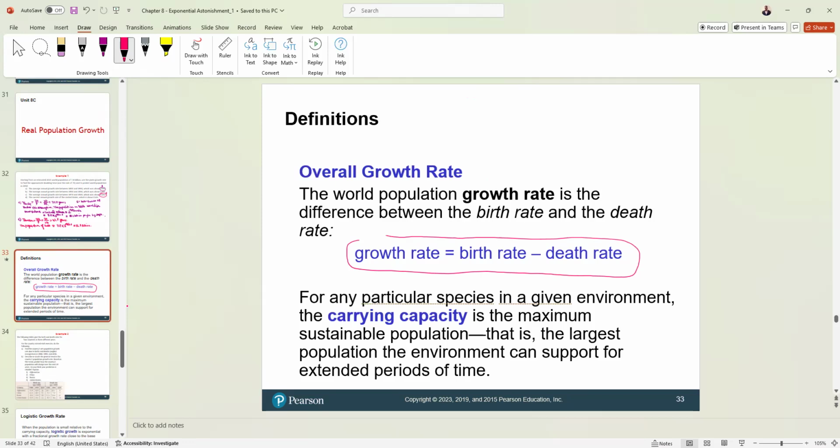Theoretically, models of population growth therefore assume that human population is ultimately limited by human carrying capacity. That's very important. Okay. That's the number of people that Earth can support. So for any particular species in a given environment, the carrying capacity is the maximum sustainable population, that is the largest population the environment can support for an extended period of time.